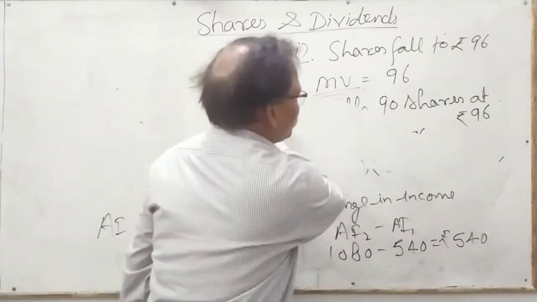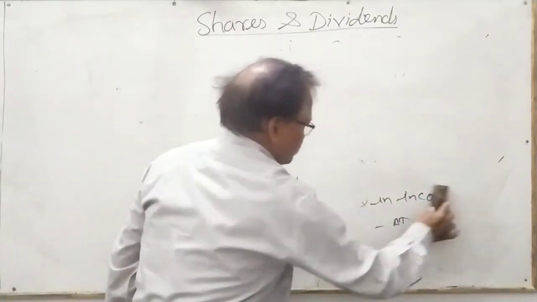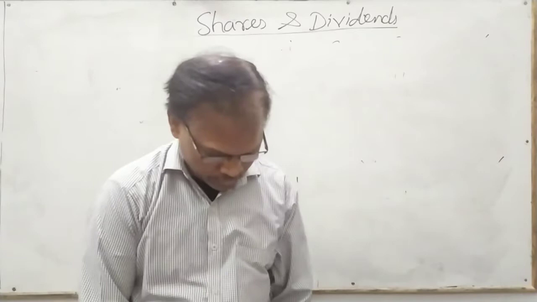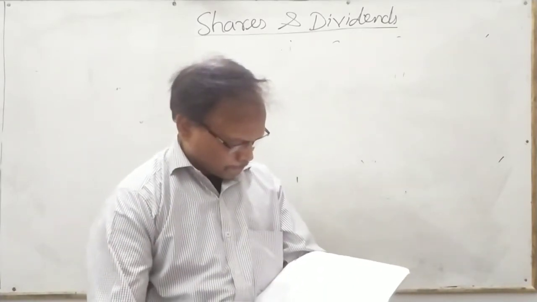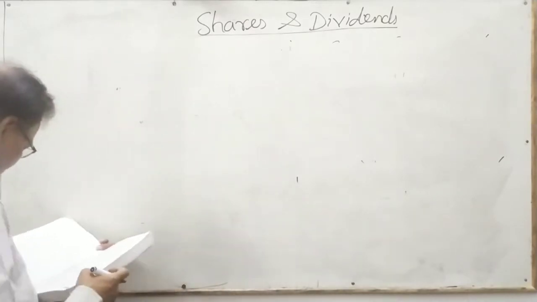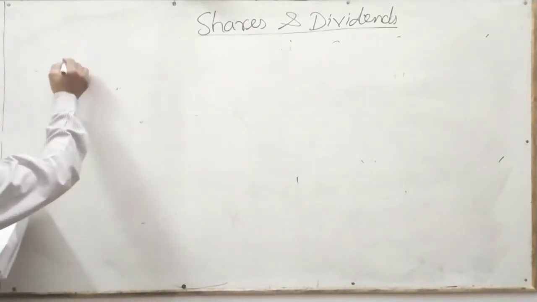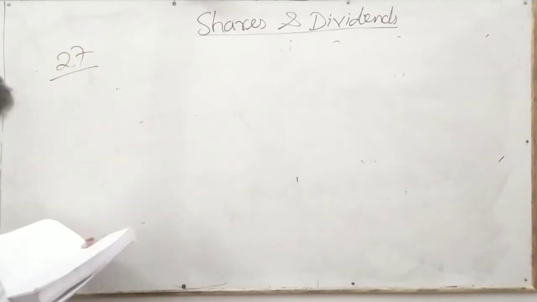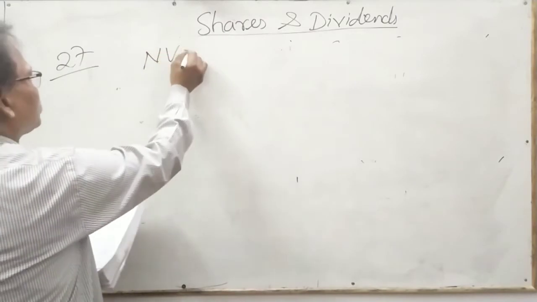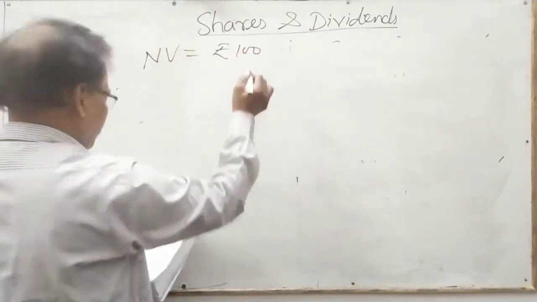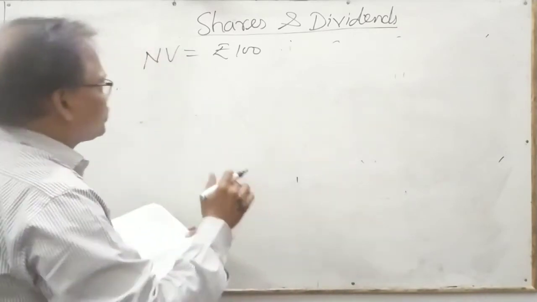The next question of this same exercise. Question number 27. Rupees 100 shares, nominal value is rupees 100, of a company are sold at a discount of rupees 20.